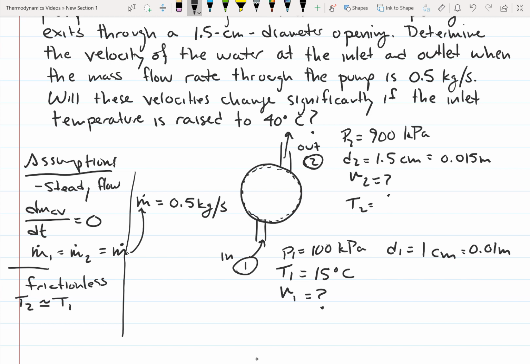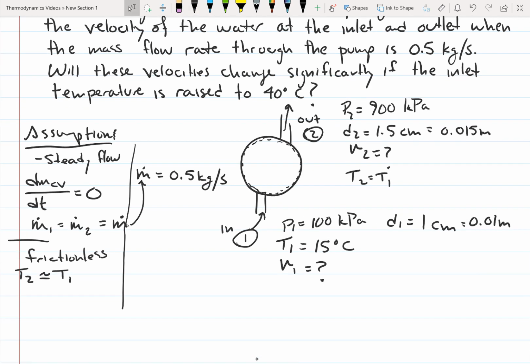In reality, T2 is going to be slightly higher than T1 because of friction effects and other things. But if we assume that it's frictionless, we can assume that T2 is approximately equal to T1. And with that assumption, we can assume that the specific volume is the same at the inlet and outlet.